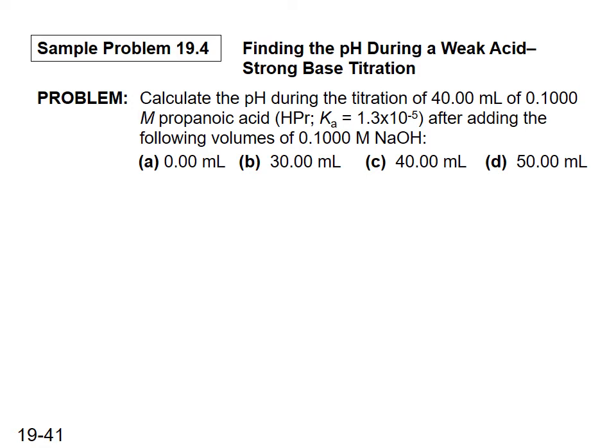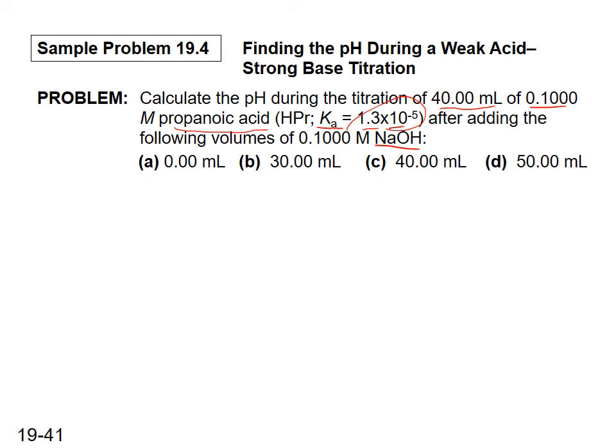Sample problem 19.4. Calculate the pH during the titration of 40 ml of 0.1 molarity propanoic acid. The Ka is 1.3 times 10 to the minus 5, so that indicates it's a weak acid. Calculate after adding the following volumes of 0.1 molarity sodium hydroxide. So it's a titration of a weak acid with a strong base.